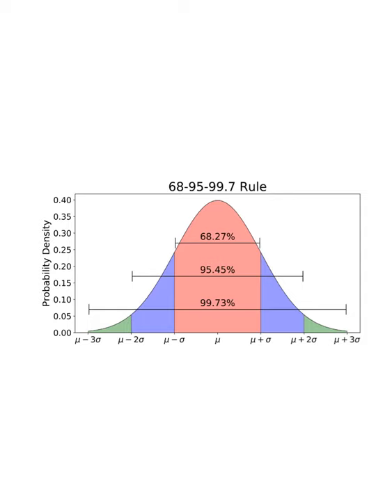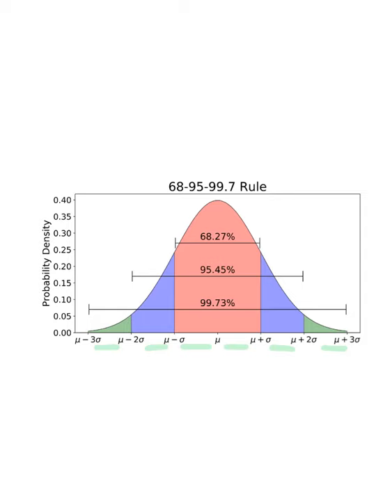Well, let's give an example. But first, let's look at our normal graph. Each one of these spaces in the normal graph represents one standard deviation. So this is one standard deviation. This is another one, another one, another one, another one, another one. So in a normal graph, if the mean or the median is at least 3 standard deviations from the start or the end, then you can assume it is a normal graph.